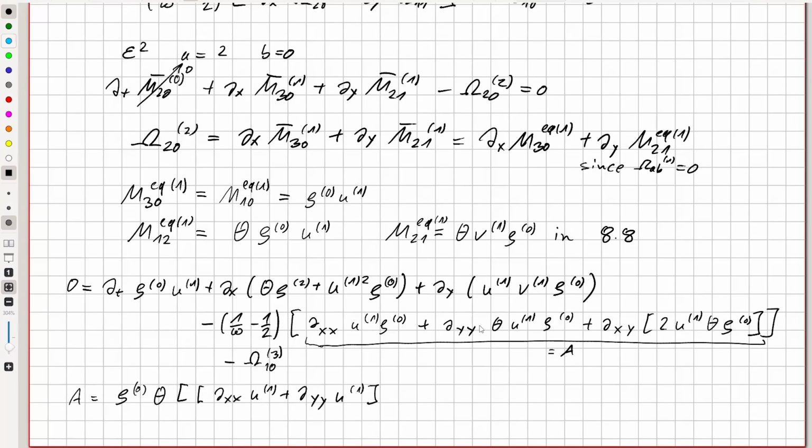So this is what I take out, because this is what I want to have. I want to have a Laplace operator on the velocity, because this is what I want to see in my Navier-Stokes equation. And the thing that I do not have, I'll take this out into dx dx v to the first order 1 minus theta rho to the 0 order plus dy 2 v to first order theta rho to the 0 order.